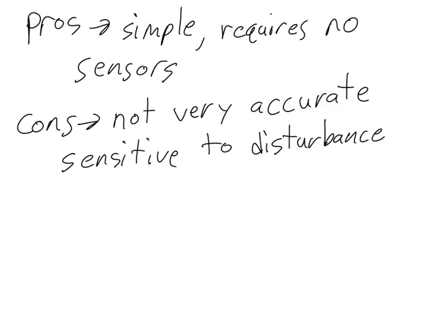Another major con of open loop position control is that it is sensitive to disturbance. That means that external forces like the wind blowing or something in the environment bumping into your robot, things like that, can dramatically affect the accuracy of your positioning.